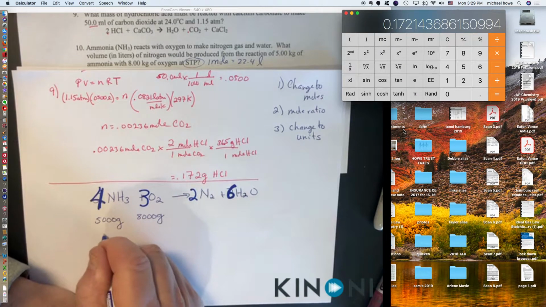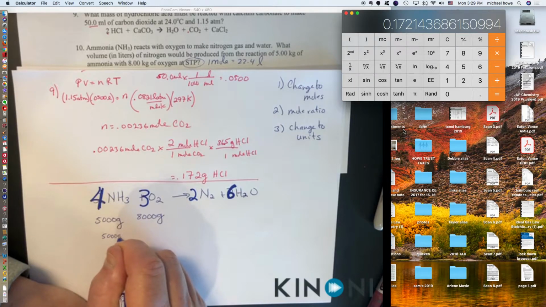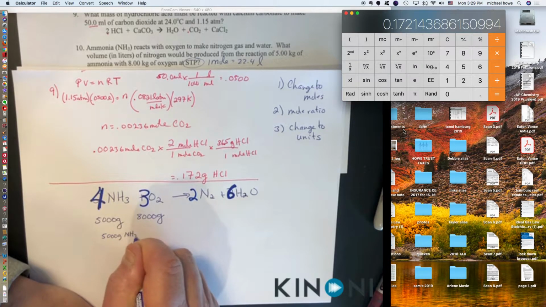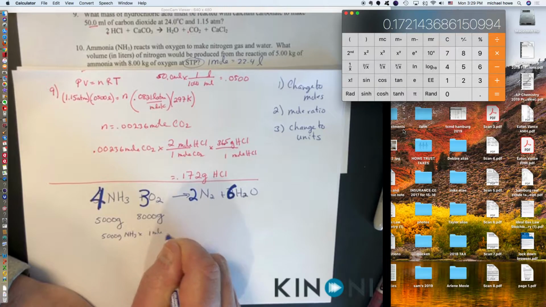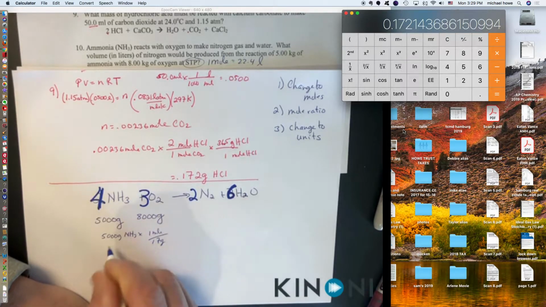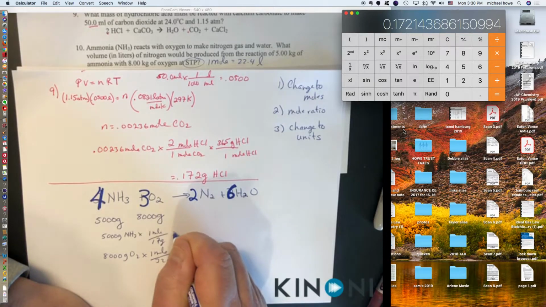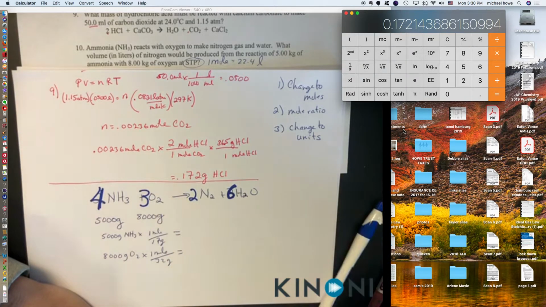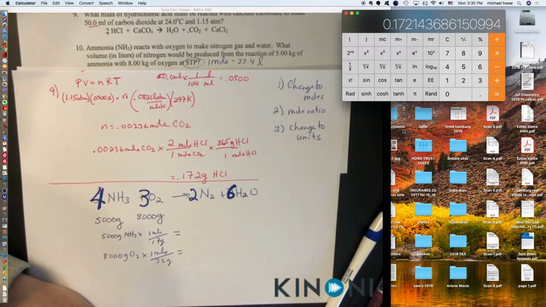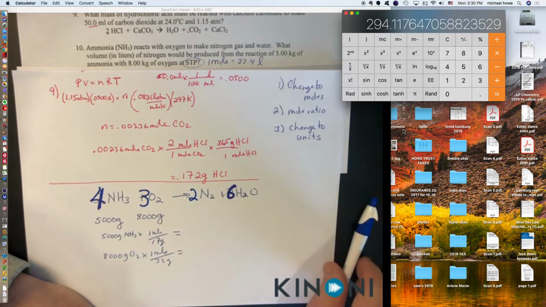All right, so I'm going to remind you how to do this. We change both of these to moles. So you take 5,000 grams of NH3 times 1 mole over 17 grams. And we have 8,000 grams of oxygen times 1 mole over 32 grams. So we'll do the math. We've got 5,000 divided by 17, 294 moles.